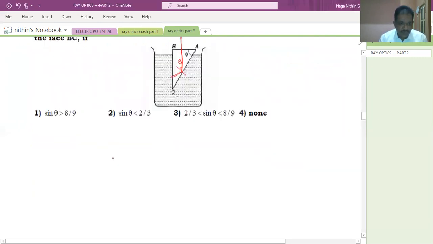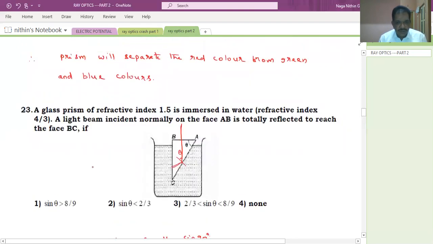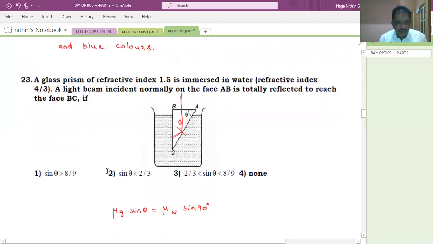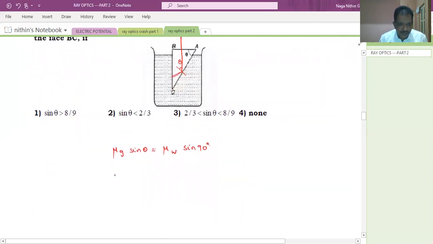So mu g into sine theta is equal to mu w into sine 90. Okay, mu g value will be glass 3 by 2. They gave 1.5.